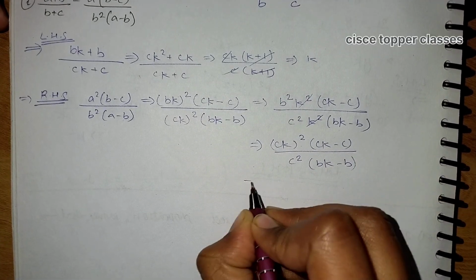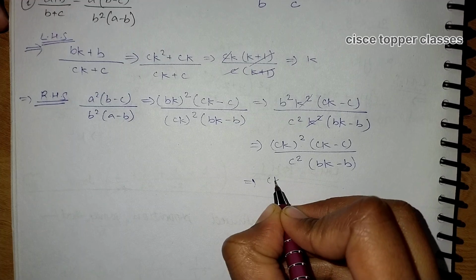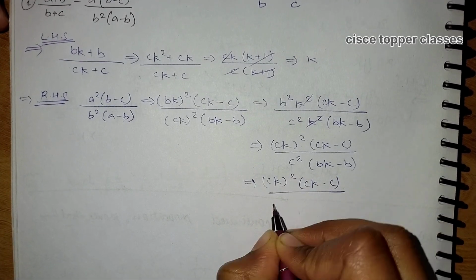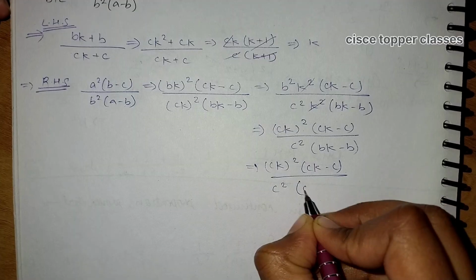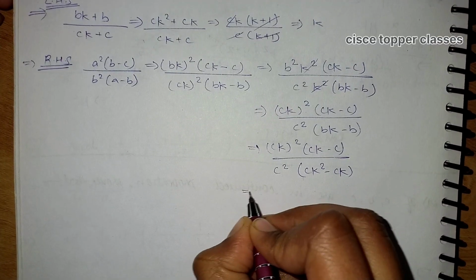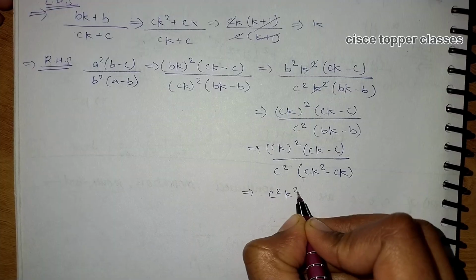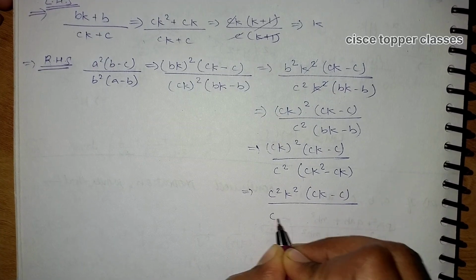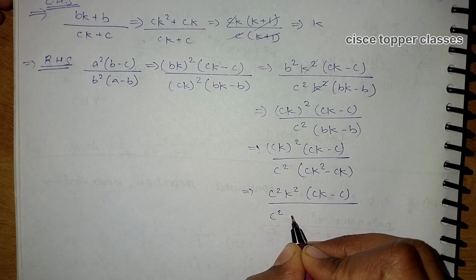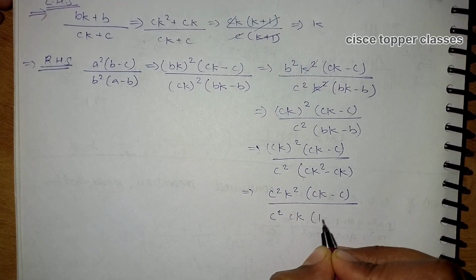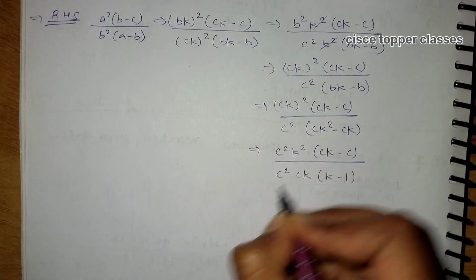So in place of BK minus B we can put here CK, so (CK) whole square, then CK minus C divided by C square. B will become as (CK) whole square minus CK, then it will become C square K square (CK minus C) divided by C square, and if we take C and K as common here, so that will become K minus 1.